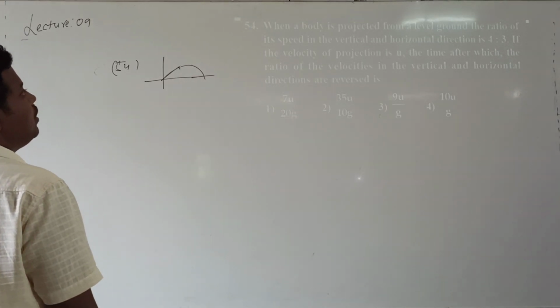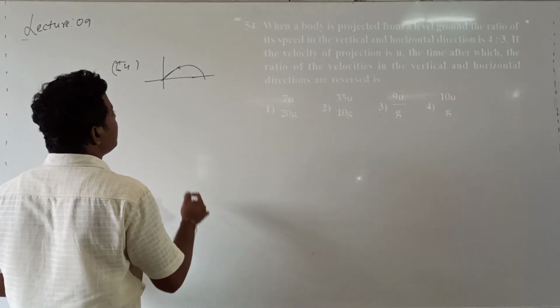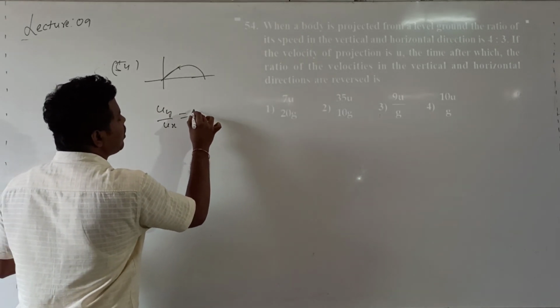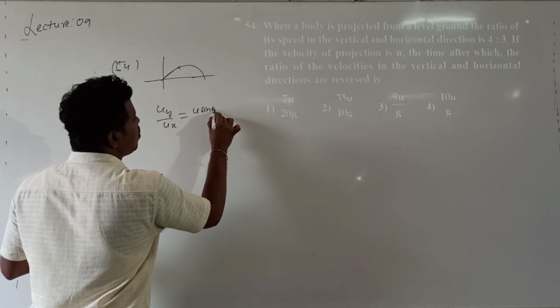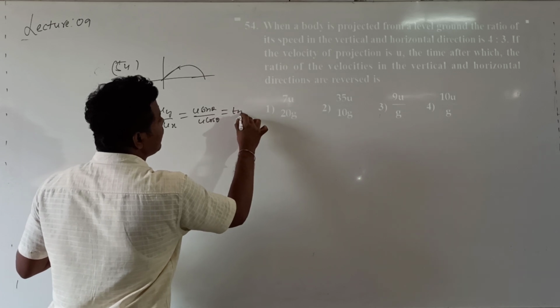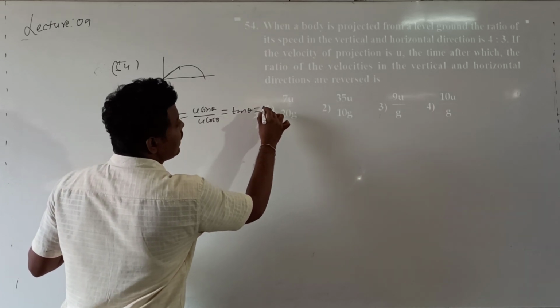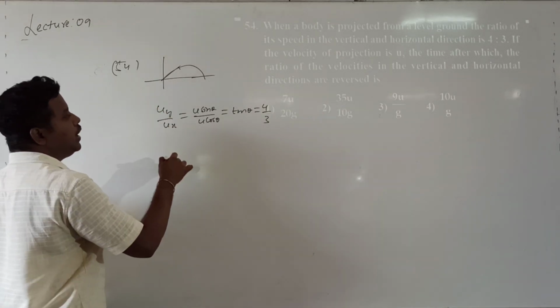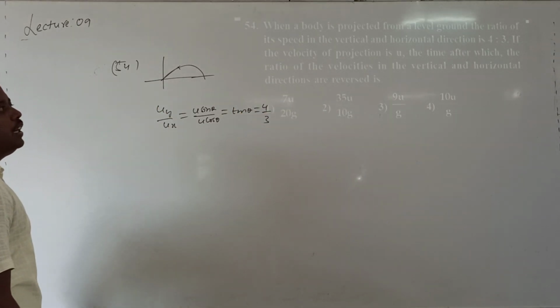So the ratio of speeds in the vertical and horizontal directions, that is Uy by Ux, will be equal to u sin theta by u cos theta, which is tan theta. This ratio is given as 4 divided by 3, so Uy by Ux is equal to 4 by 3.